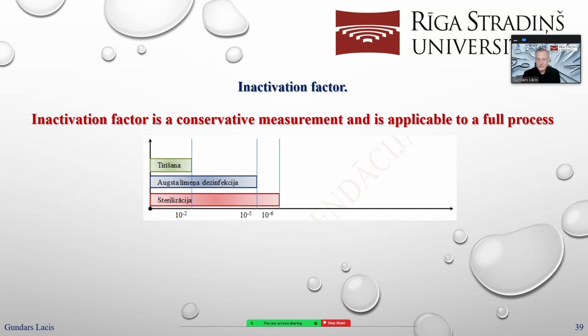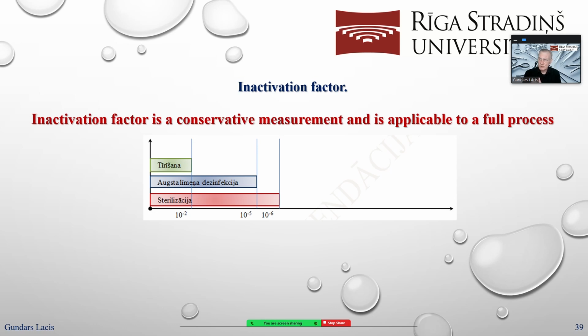During a cleaning process, the average reduction is approximately 2 logs, or 100 times. The Robert Koch Institute says from 10 to 1,000 times. It depends on the technology, but on average it's 100 times.